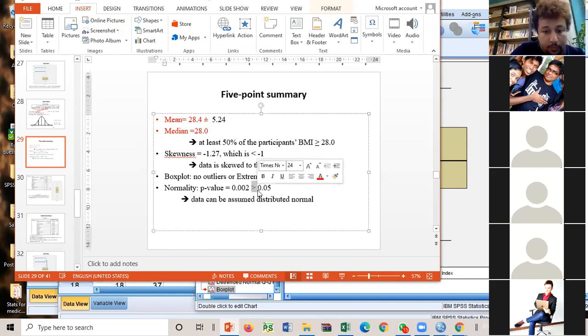Less than. Therefore, is the data normal? It's not normal. Once the data is skewed, it cannot be normal, right? Questions?